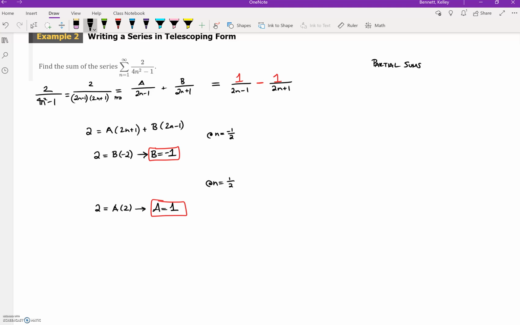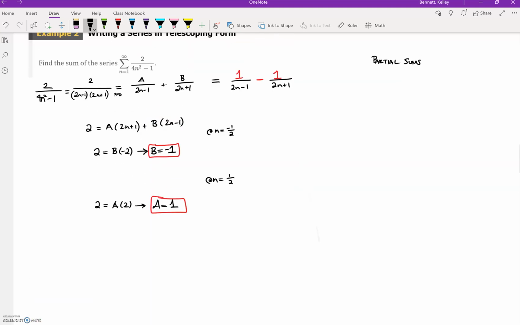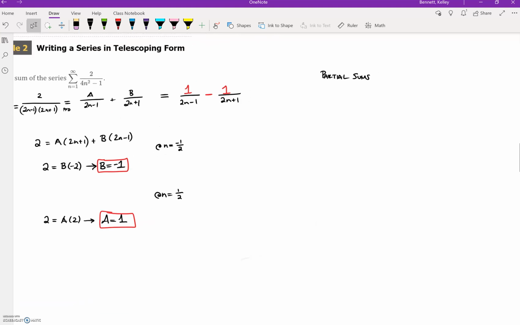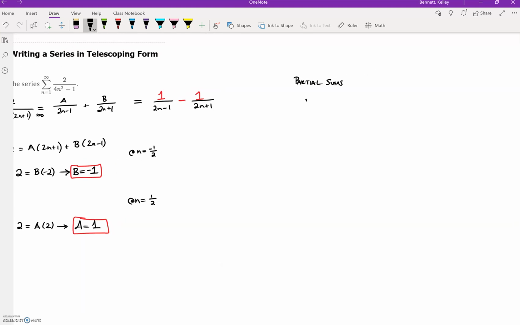So just in general, S sub n is going to equal 1 over 1 minus 1/3 plus 1/3 minus 1/5 plus 1/5 minus 1/7.